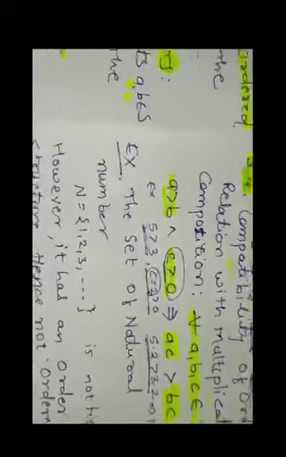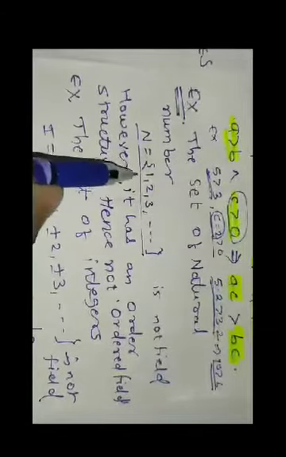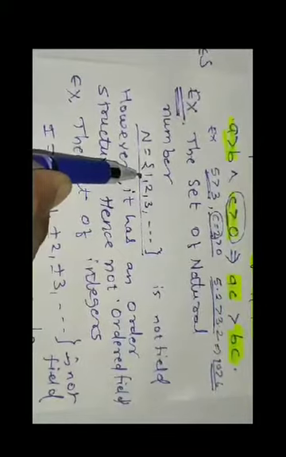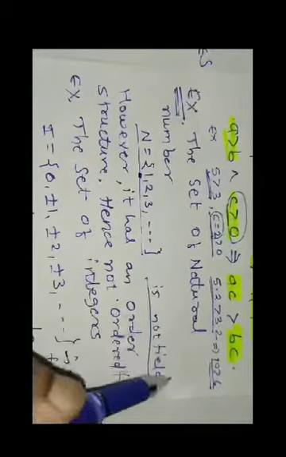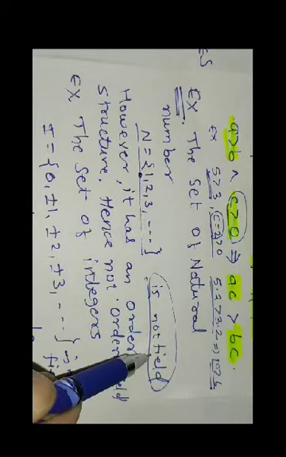We discuss examples. First example, the set of natural numbers. Set of natural numbers starts from 1. So it is not a field, because you can see the definition of field and the order structure, which we have already discussed in the previous lecture.